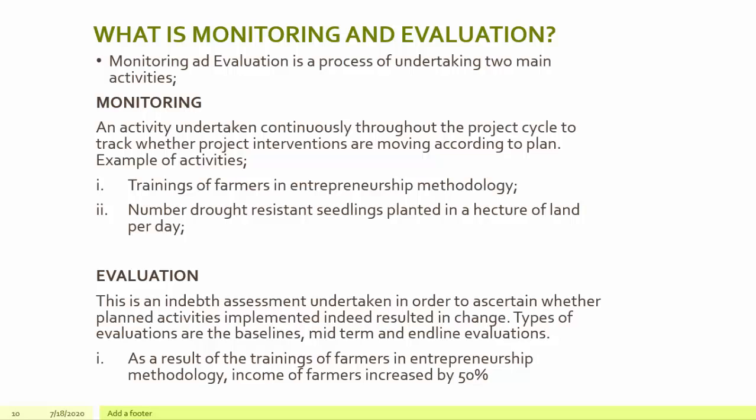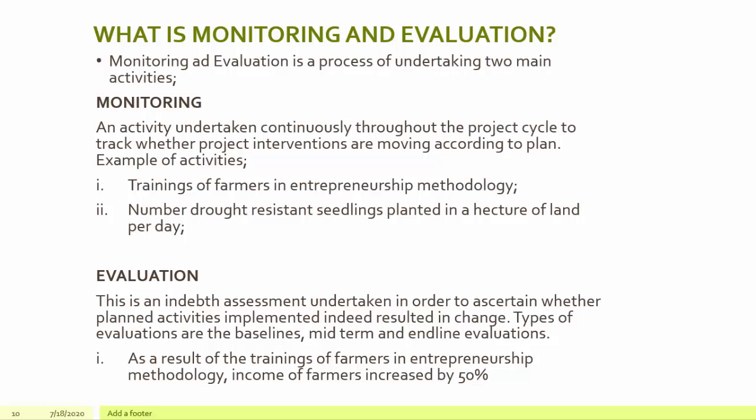Then another indicator you could be tracking is the number of drought-resistant seedlings planted in a hectare of land per day. Due to climate change, there may be a need for such interventions because in different parts of the world the rain patterns are different.